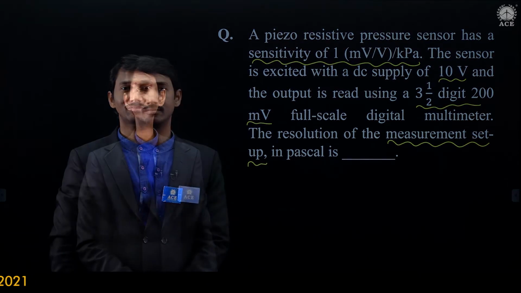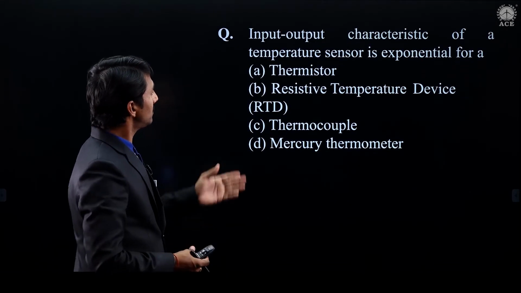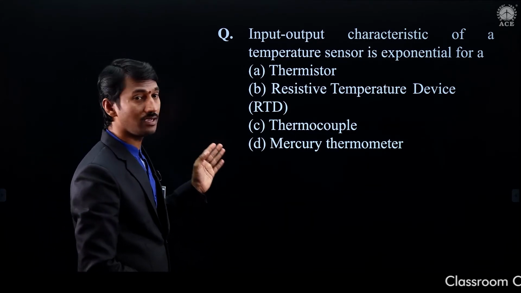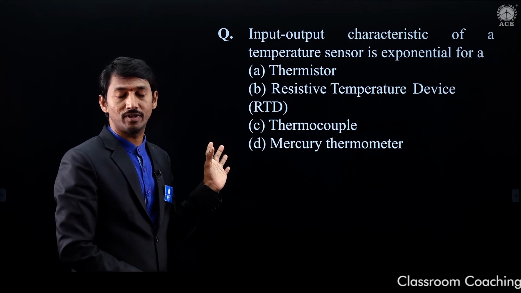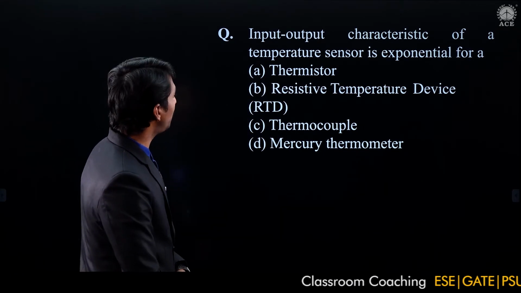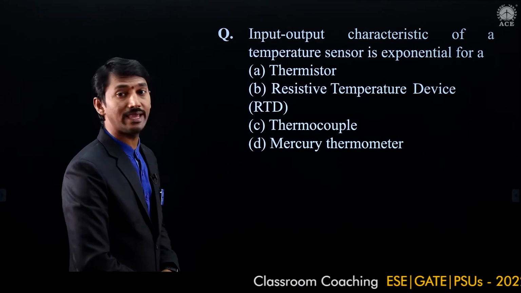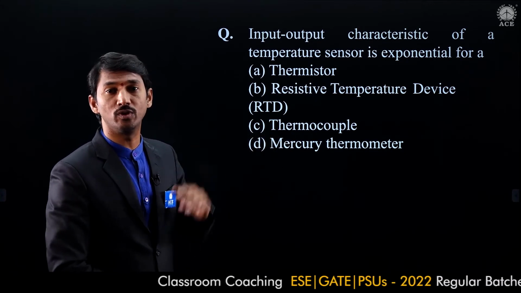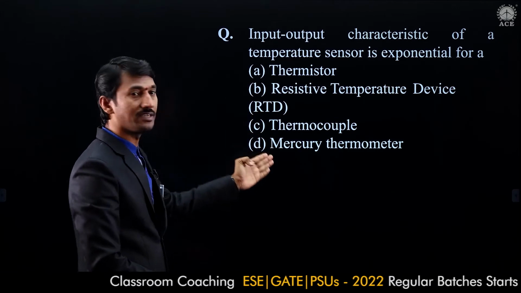Clear? The next question from sensors and industrial instrumentation is related to temperature measurement. But he is asking a conceptual question. The input-output characteristic of a temperature sensor is exponential. Means the input-output characteristics must be exponential. For which device?